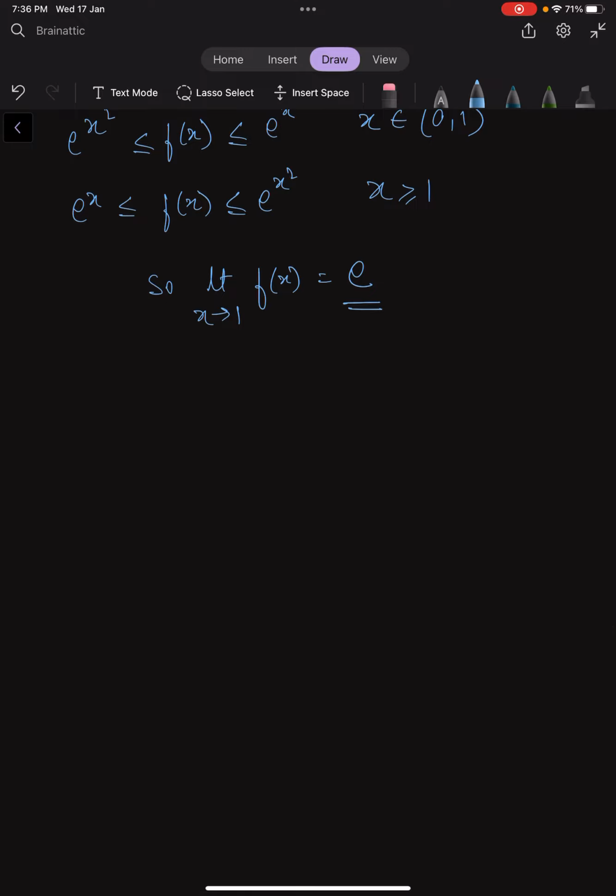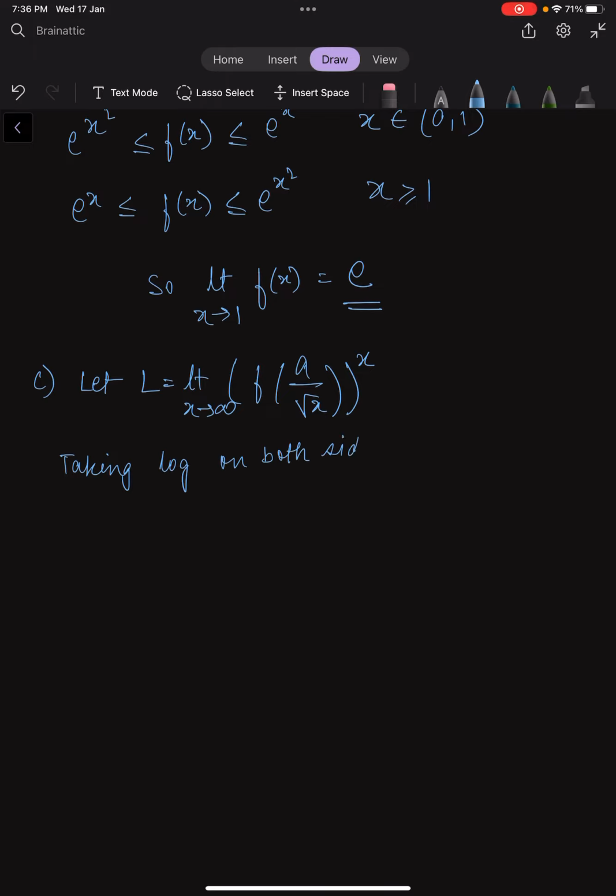Now we'll call this limit, while solving for the third question, L equal to limit x tends to infinity of (f(a/√x))^x. So we'll take log on both sides.